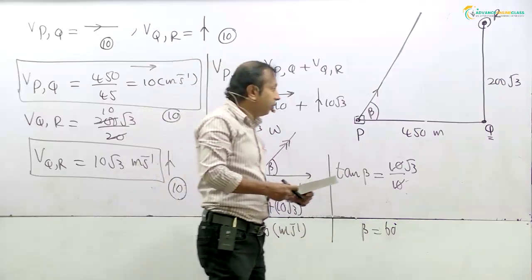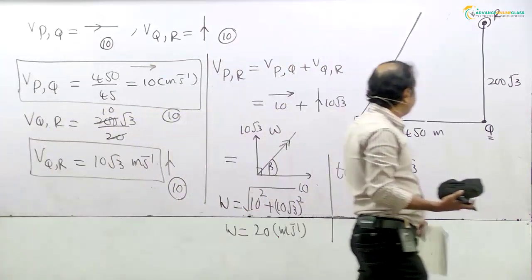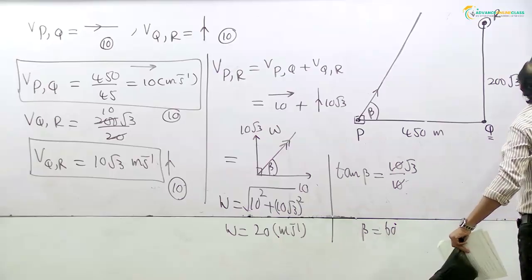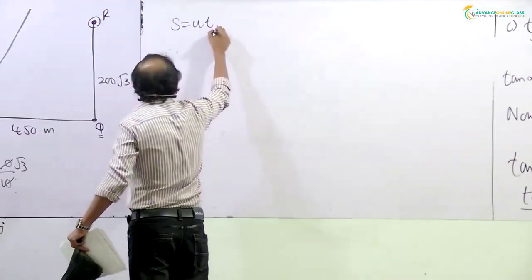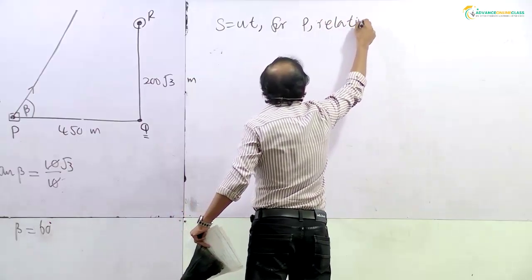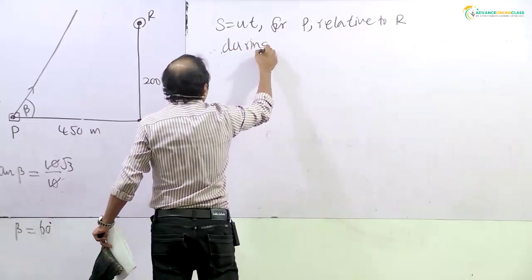Now you can write: applying S equals ut for P relative to R during 20 seconds.